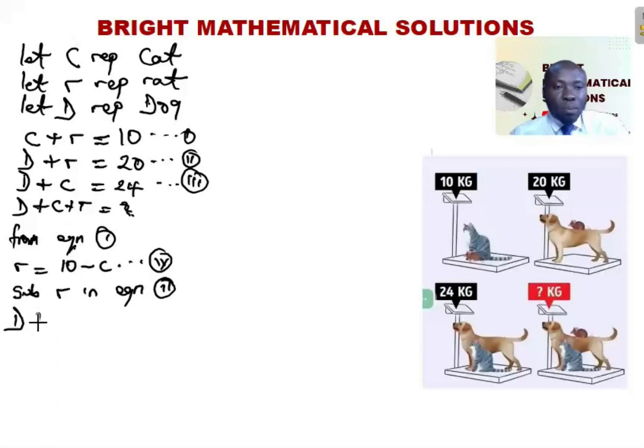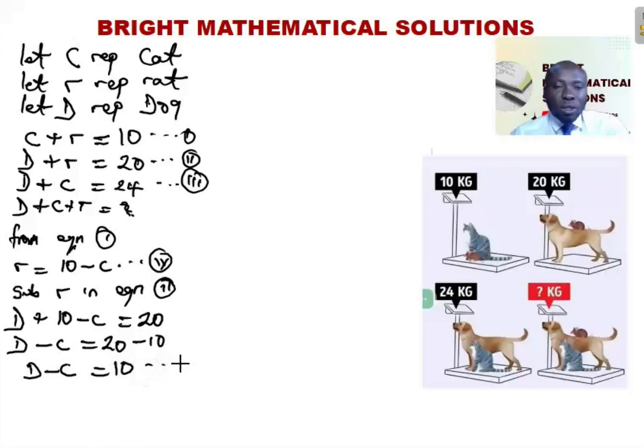That is D plus 10 minus C equals 20. So let us solve this. This is 10, let us take it to the other side. This becomes D minus C equals 20 minus 10. So D minus C equals 10. So let us call this equation 5.